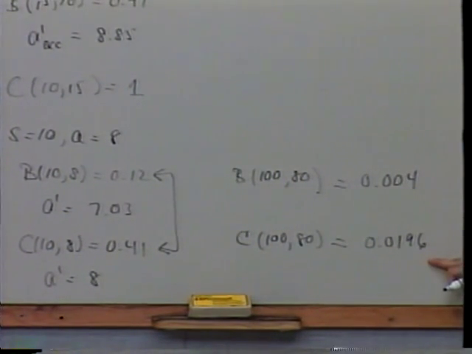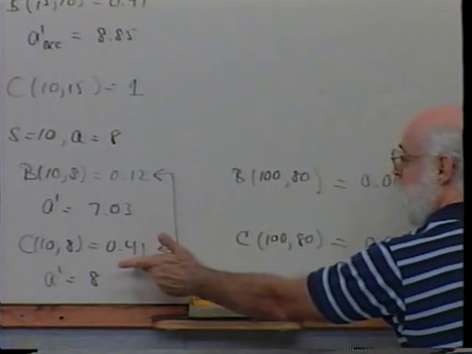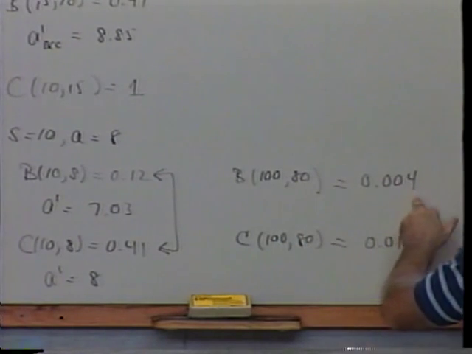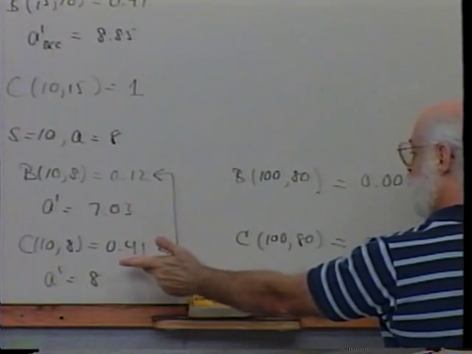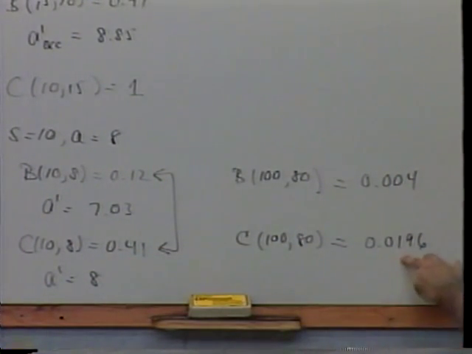So it's still fairly small, but of course it's much bigger than that. And of course it's much better than before. We went from 12% to 0.4%. Here you go from 41% to about 2%. But the utilization is the same in both cases.